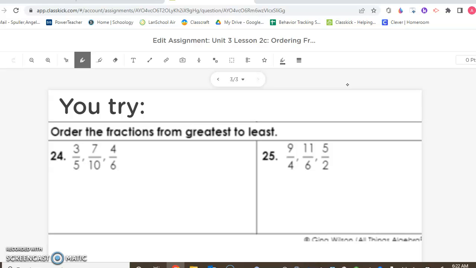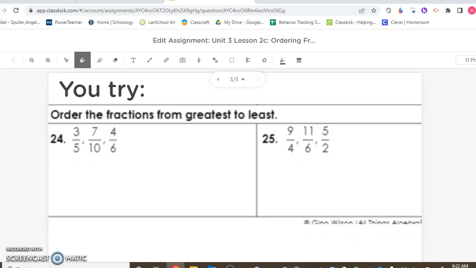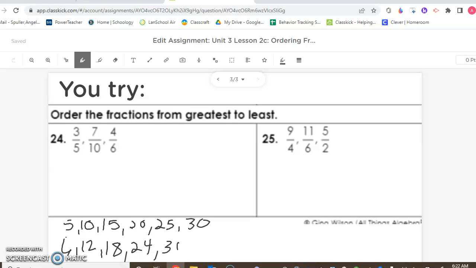All right, so if I was going to do this problem here, 3/5, I'm going to count by 5s: 5, 10. 10 works, but not with 6. 15, 20, 25, 30. Count by 6 is 6, 12, 18, 24, 30. Hey, I think 30 will work because if I count by 10s, 10, 20, 30.